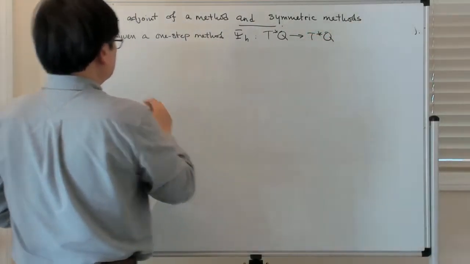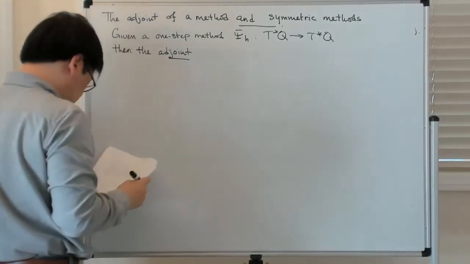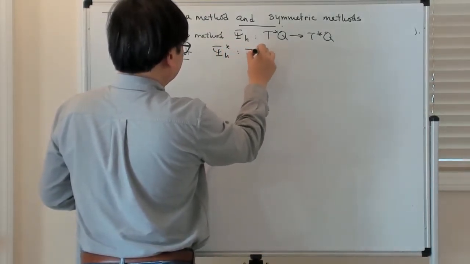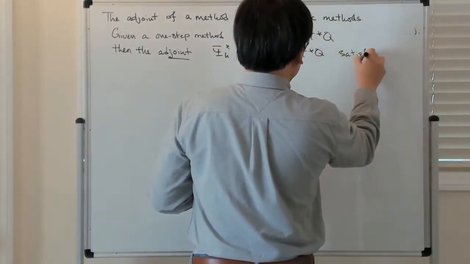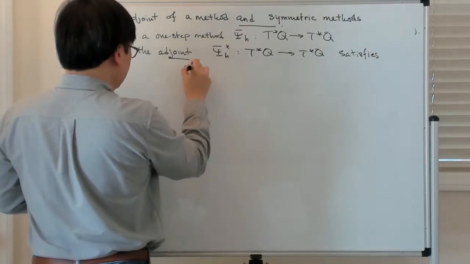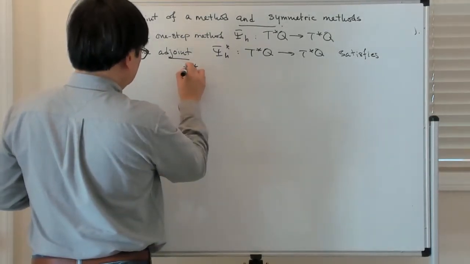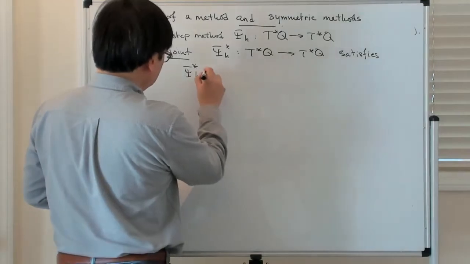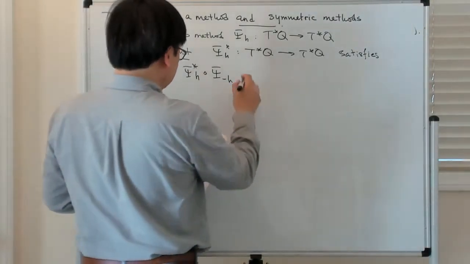Then the adjoint is denoted by psi h star, which is again a map from T star Q to T star Q, and satisfies the following: the adjoint method, a time h step, composed with the original method with a negative time h map, is equal to the identity.